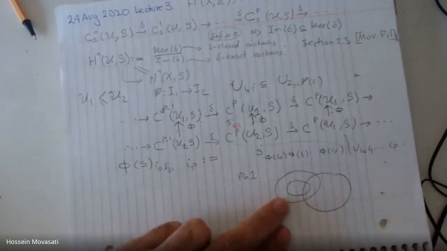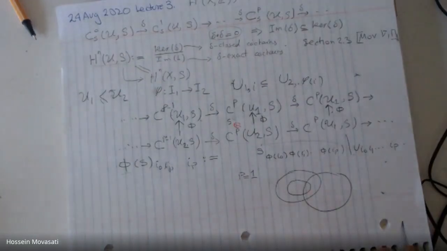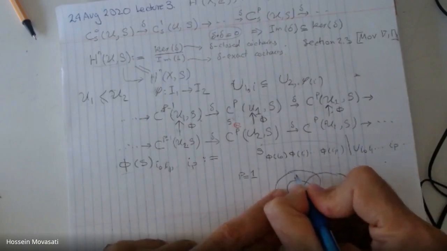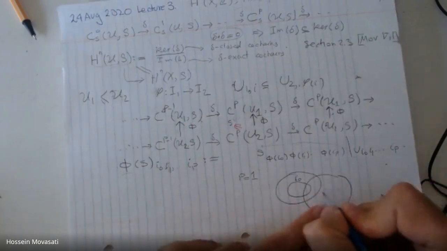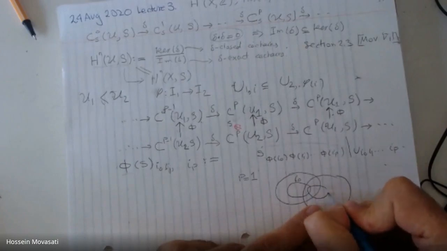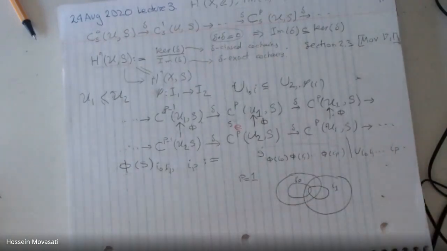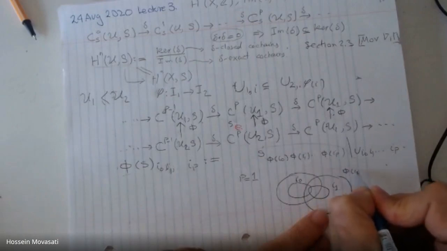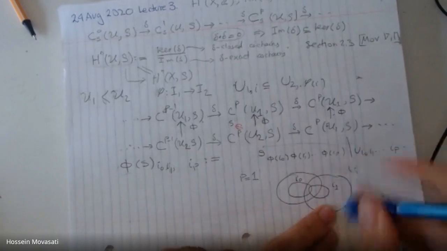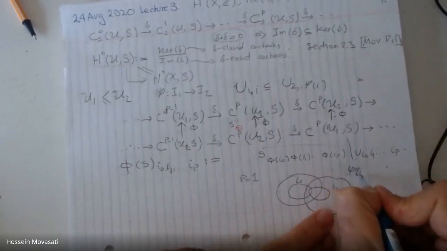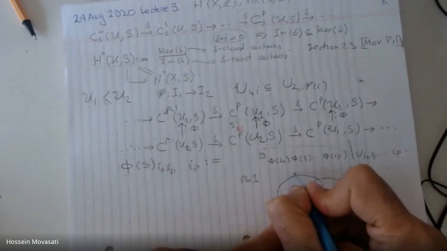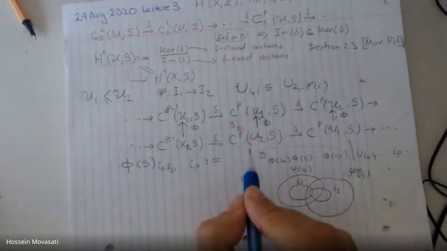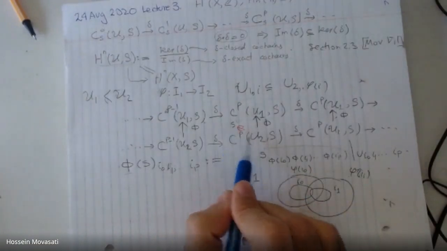So I have I0 and then I1, and I don't write the corresponding U. Then this becomes U phi I1, and then phi I0, and I have taken S here.